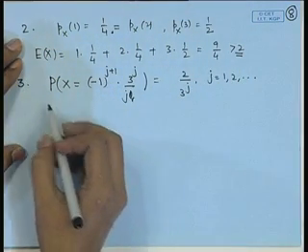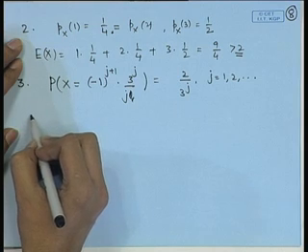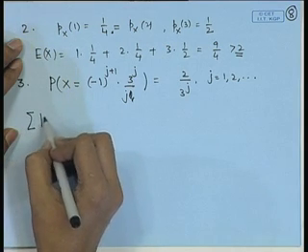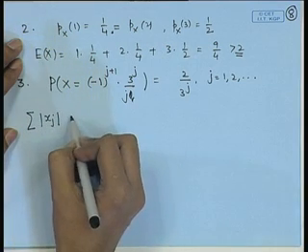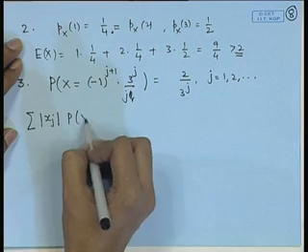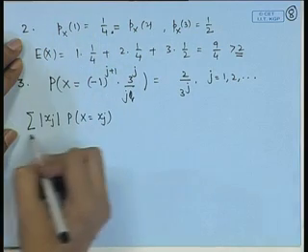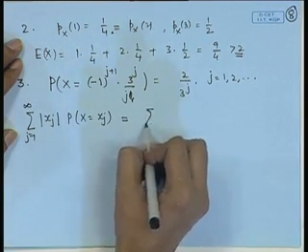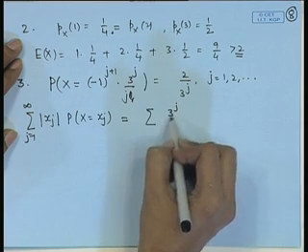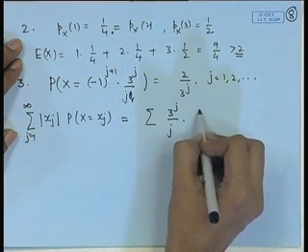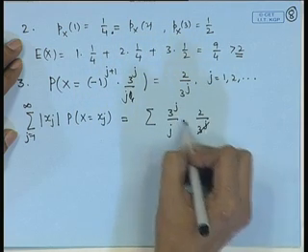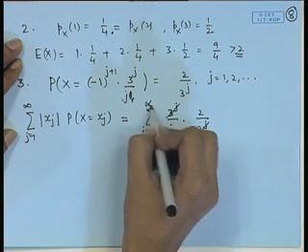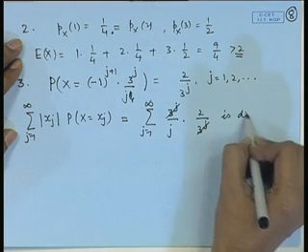Let us look at sigma modulus of xj, probability x is equal to xj, j is equal to 1 to infinity. Then this is equal to sigma 3 to the power j by j factorial by j 2 divided by 3 to the power j. Now this is divergent.